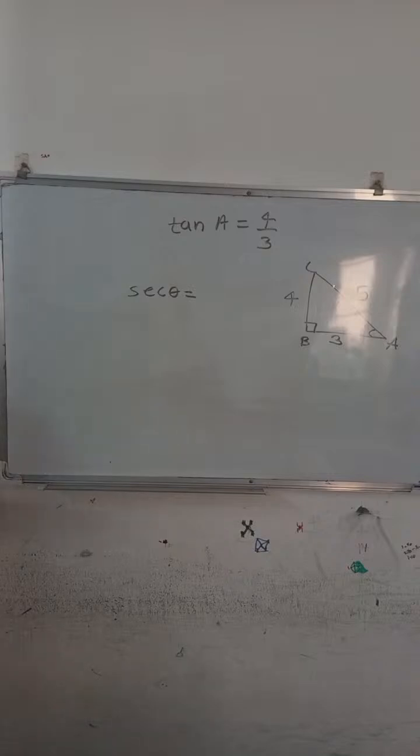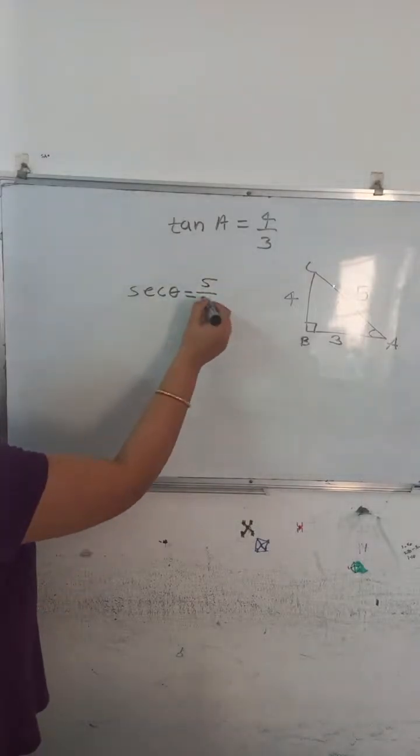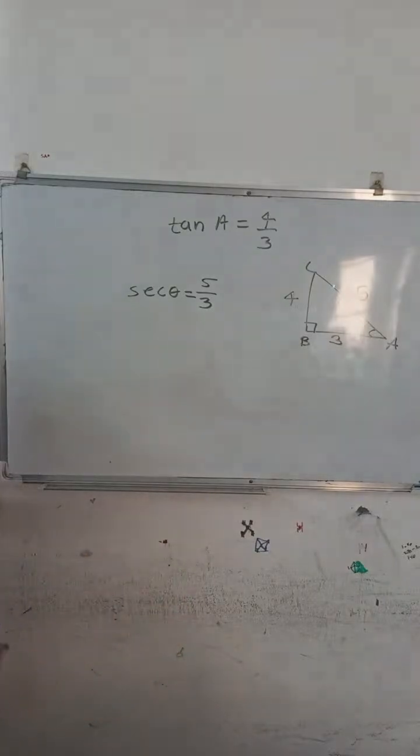Hypotenuse by adjacent, 5 by 3. Because sec is also the reciprocal of cos. So sec is equal to 5 by 3. Option D is the correct option. Your options are 4 by 5, 3 by 5, 3 by 4 and 5 by 3. Option 5 by 3 is the correct answer.